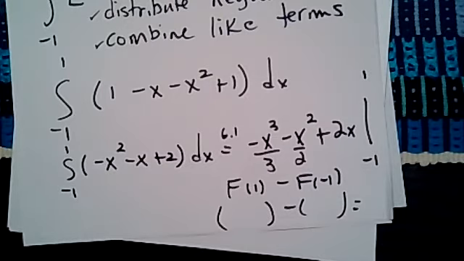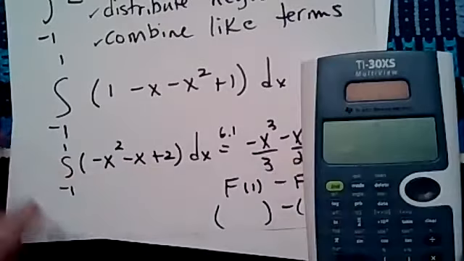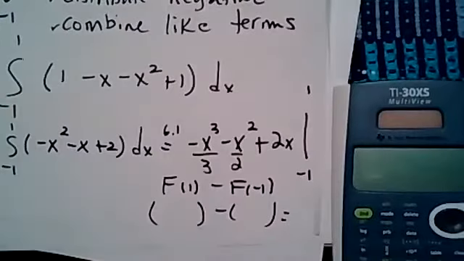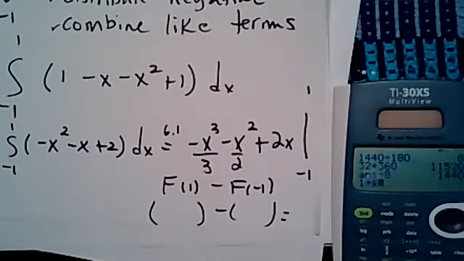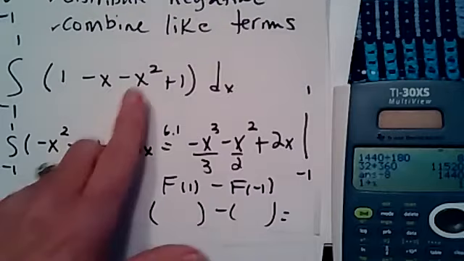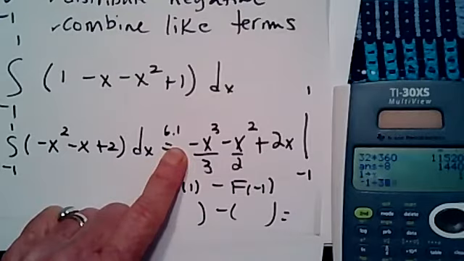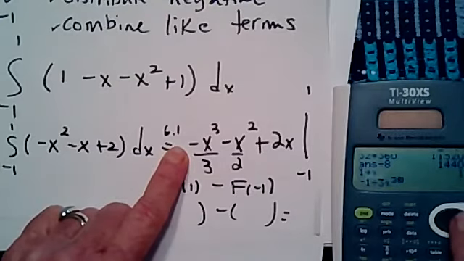Okay, so I'm going to do my calculator stuff. All right, so 1 store for x and enter. I'm going to type in my antiderivative, -1 divided by 3 x cubed. And I have to remember to come down.